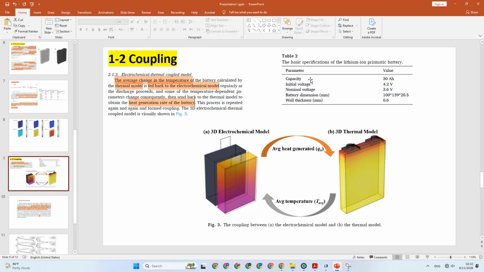Oh, this is maybe the discharge current. Let me check the capacity. I'm just thinking about it. Excuse me for the delay.